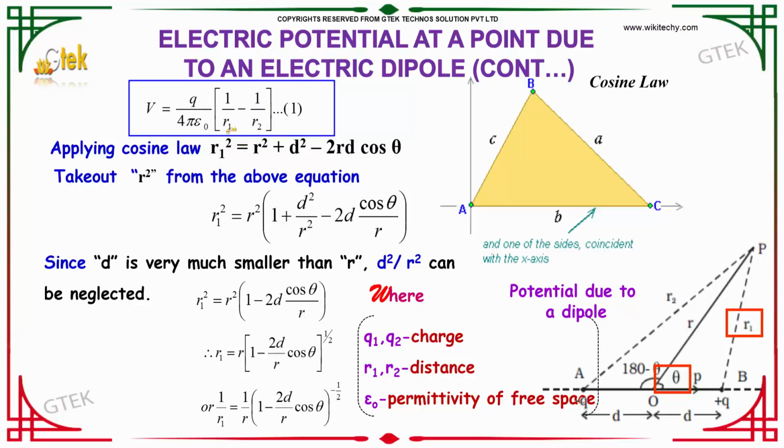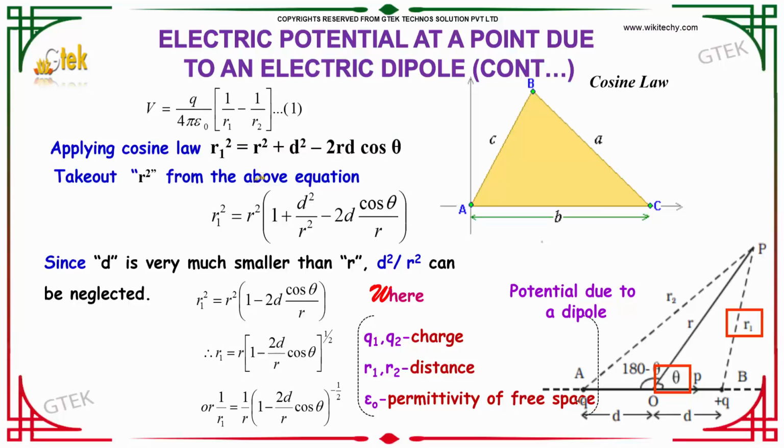Applying this, the equation will become R1 square equal to R square plus D square minus 2RD cos theta. From this equation we need to take out R square.